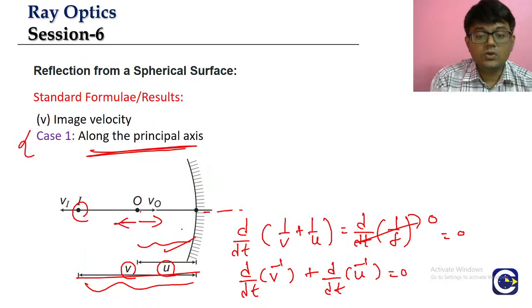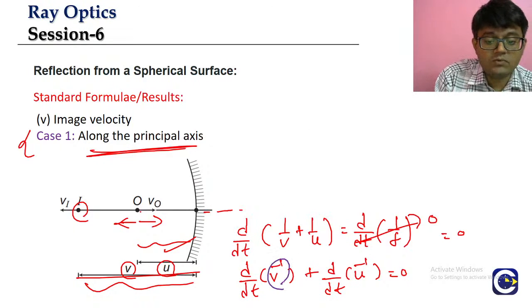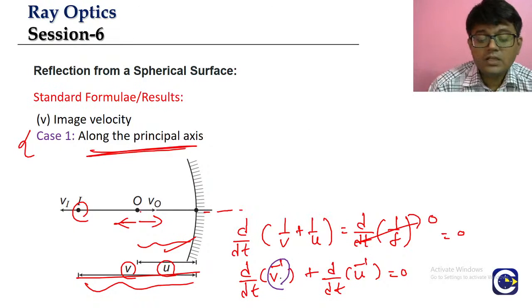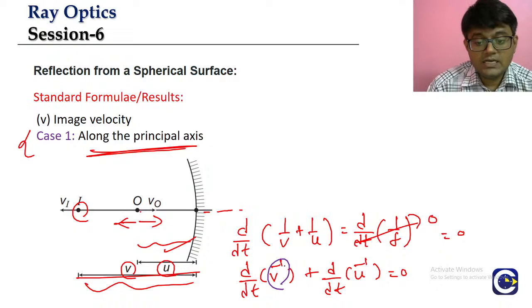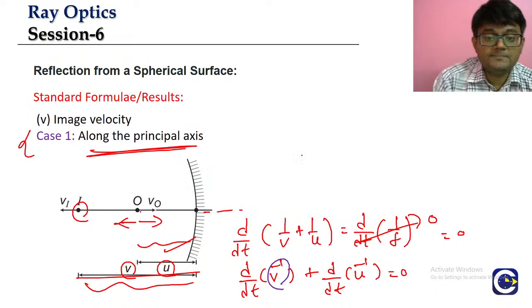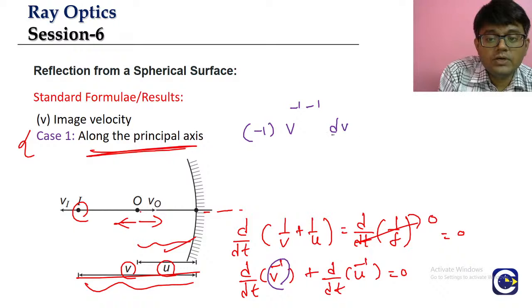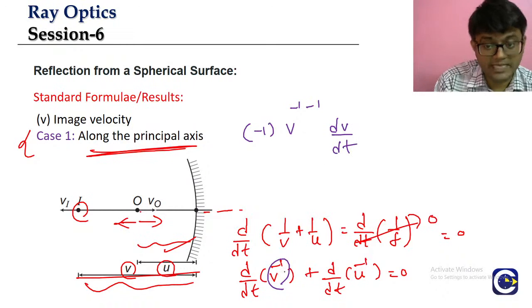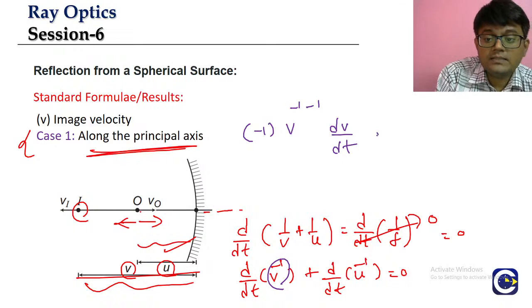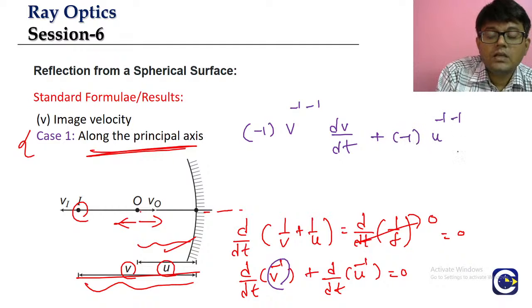Okay, so look at this, guys. This is the derivative of x power n. It is n into x power n minus 1 into dx by dt, because the derivative is with respect to time. Then the second term is the same type, n into u power minus 1 du by dt.